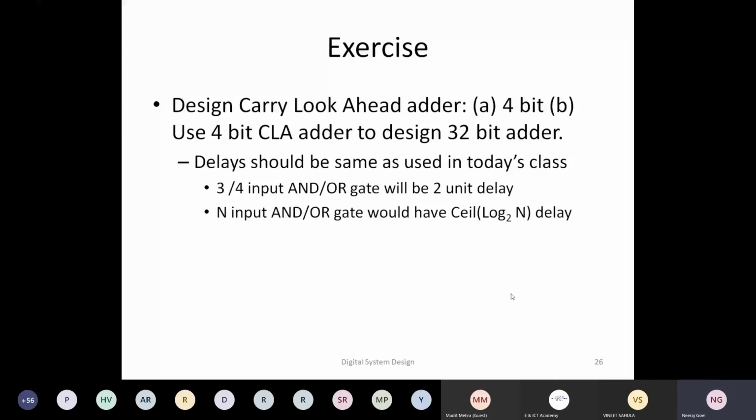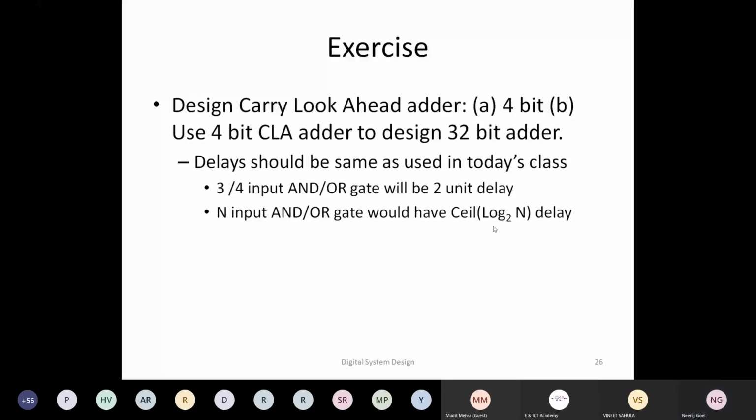Now, the delays you have to take the same way we have taken there. That means your 2-input gate would have a unit delay. That essentially means that a 3-input or 4-input AND or OR gate will have 2 units of delay. Generically, we can say that an n-input AND or OR gate would have a log n delay, the ceiling of log n.